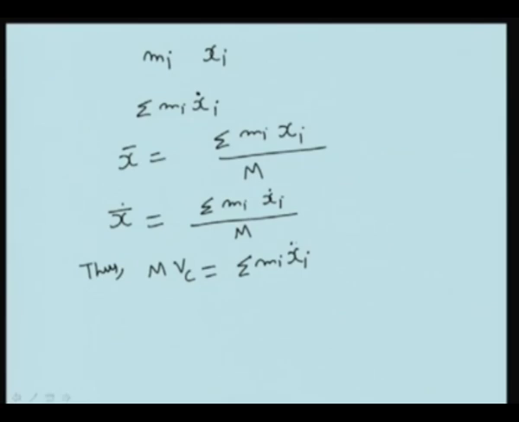So the momentum of the mass center of the particles is sigma mi xi dot. Thus we can use this equation for a system of particles.